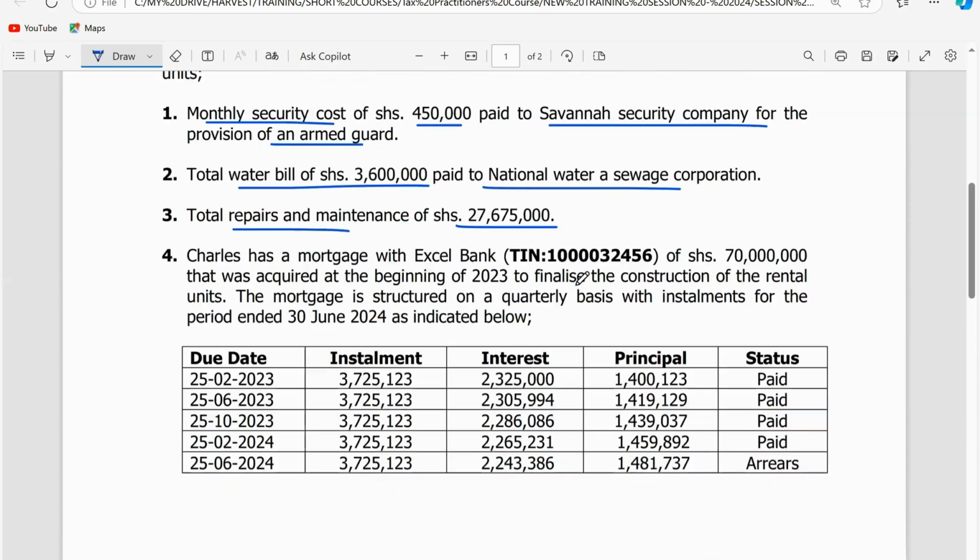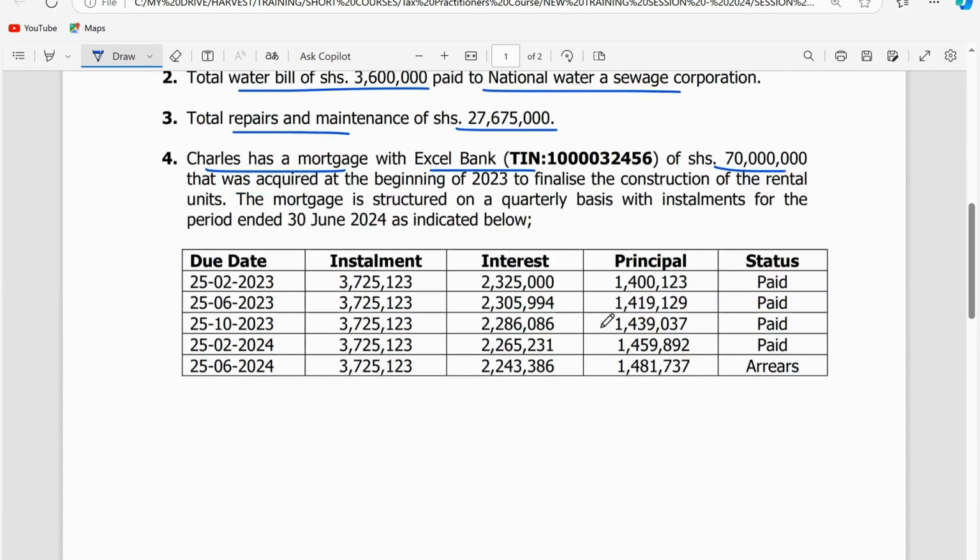Then Charles has informed you that he obtained a mortgage in Excel Bank of 70 million to help him on the construction of the rental units. He has provided to you the returns to the bank, which are the installments, the breakdown, principal, interest, what he has paid so far, what is in arrears.